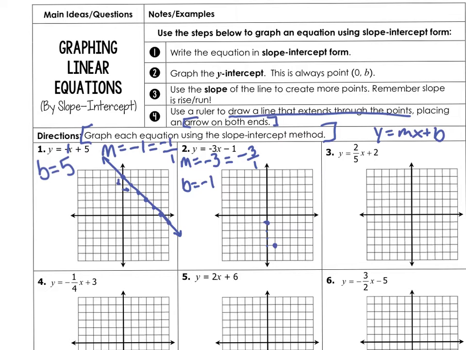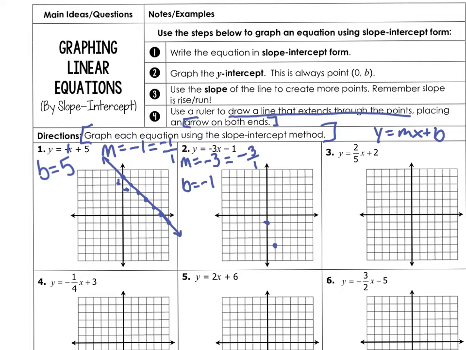Now here's a funny little trick. If you have a ruler, this part is a lot easier. But if you're like me and I don't have a ruler, this isn't very helpful because trying to draw a straight line through 2 points with that much graph space is not very easy. So what can be very helpful to us is having more points. But I can't go any further to the right because I'd run off the graph.